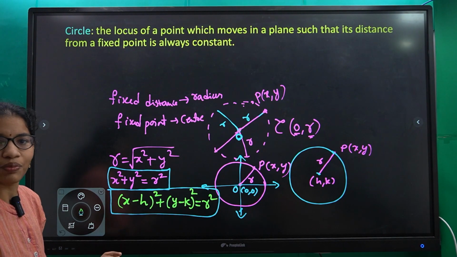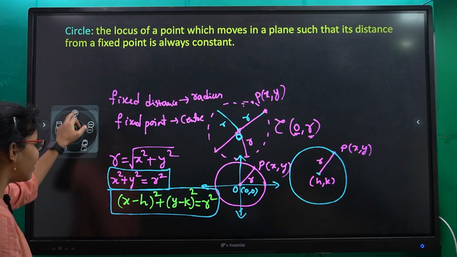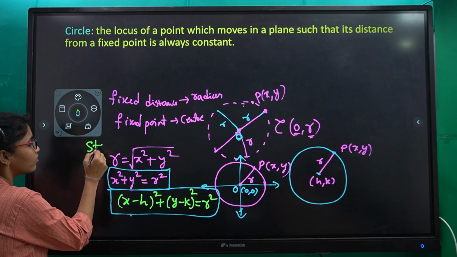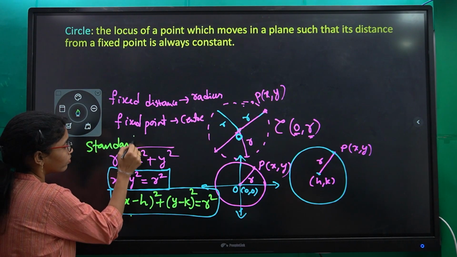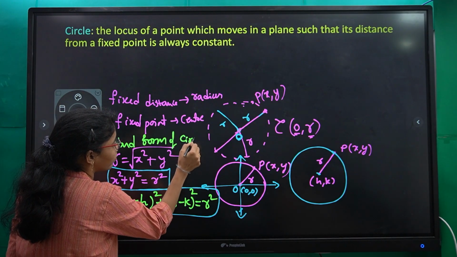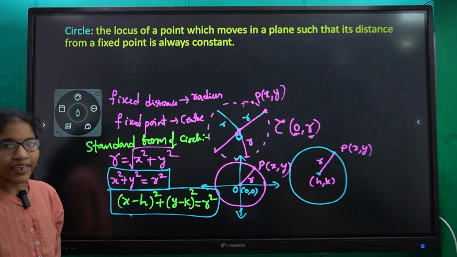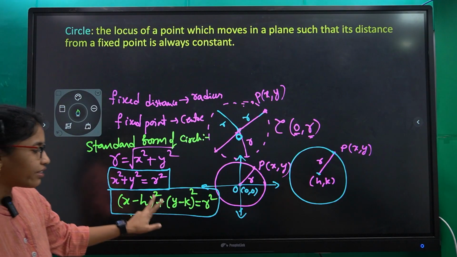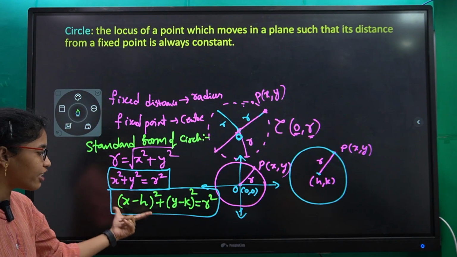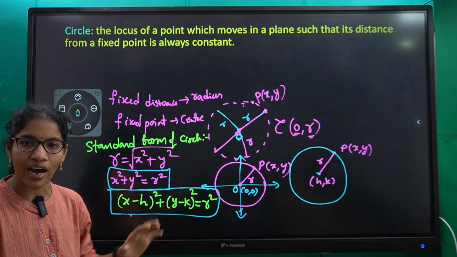What does this equation represent? The standard form of the circle. So if h comma k is the center of the circle, then the equation becomes x minus h whole square plus y minus k whole square equals r square.